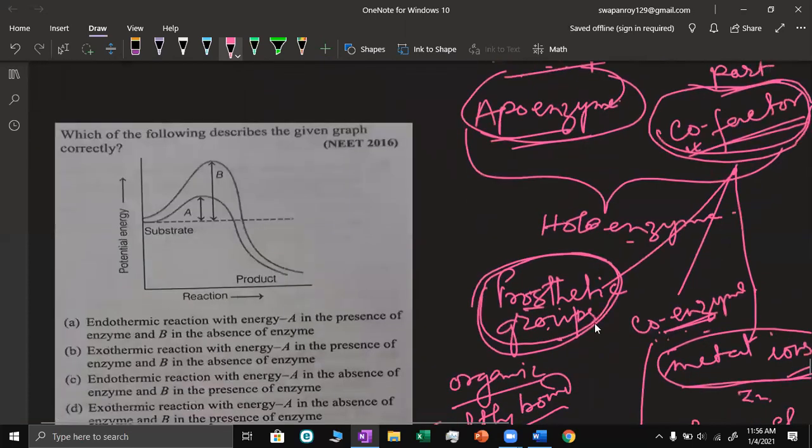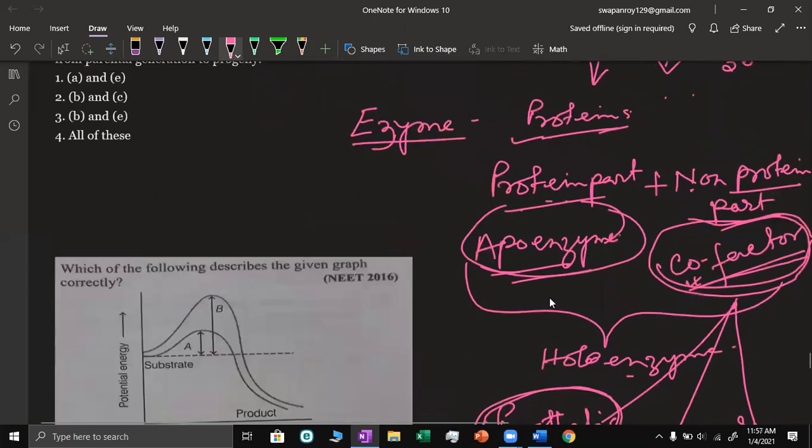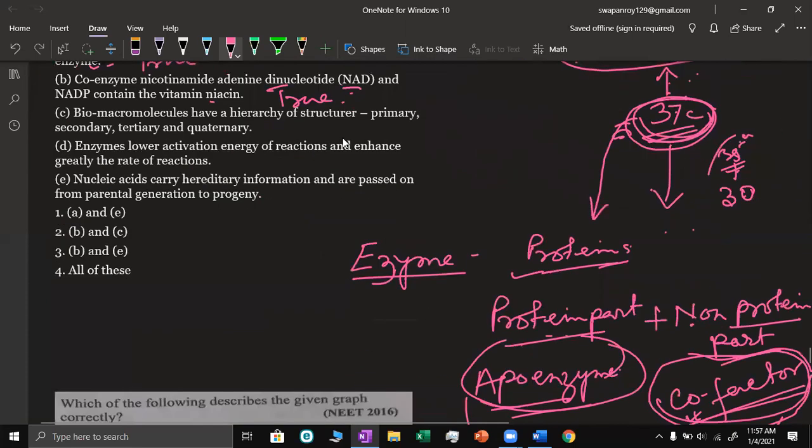Coenzymes are organic compounds, but they may contain some other compounds also, and some of them contain a vitamin. Niacin is a vitamin, a B complex member. So this is also true.